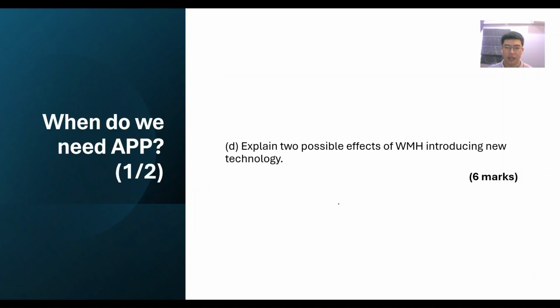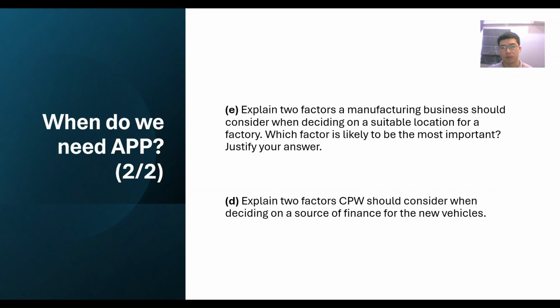So when do we need application? Let's start simple. Anytime the question has a name, there will be marks for application. I coined a saying. The saying goes, name in the question has application. It's a bit of a rhyme there going on, right? So now you try.